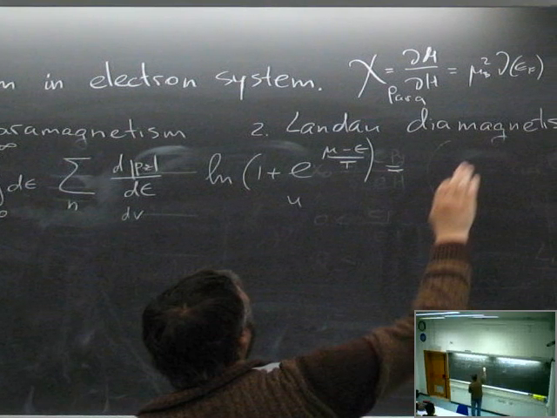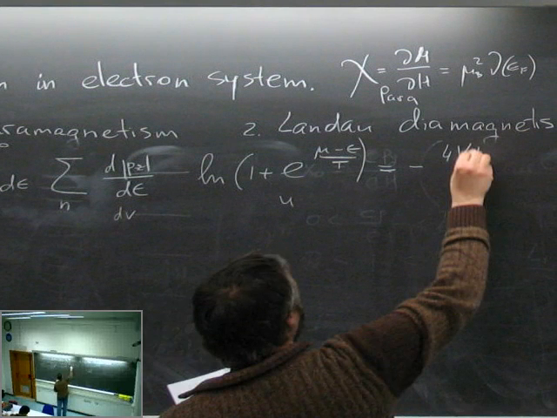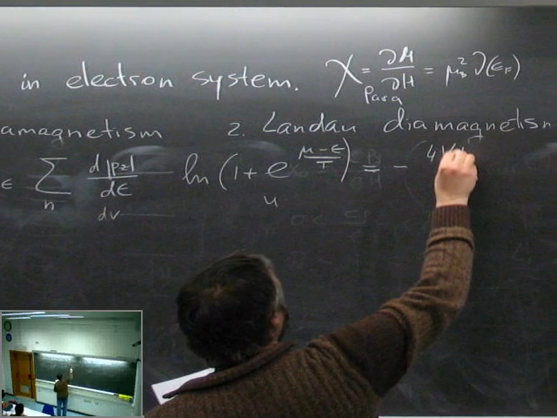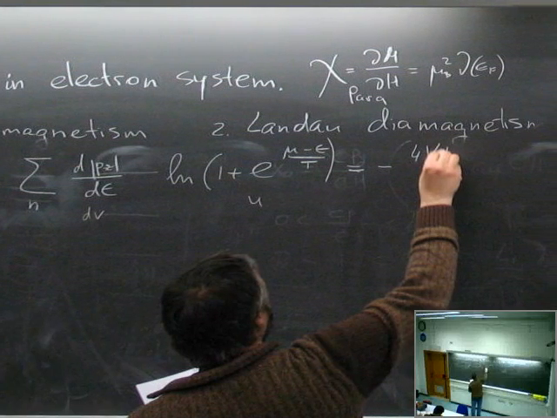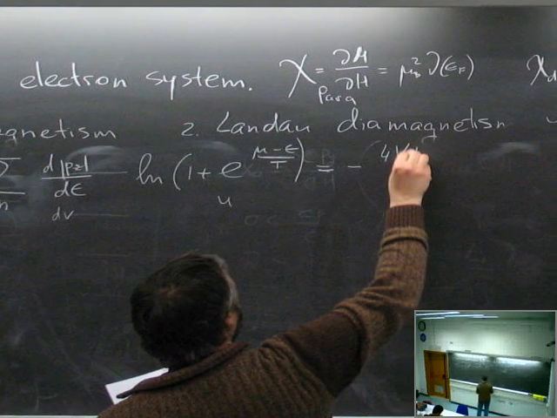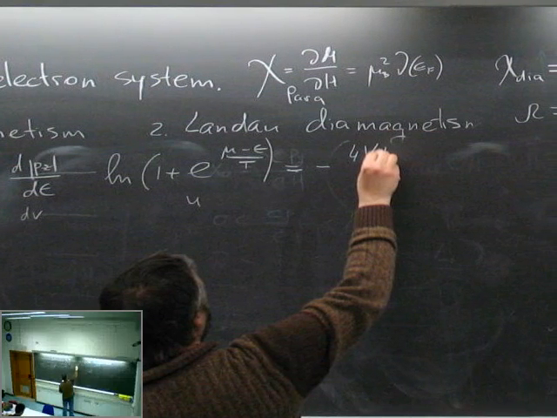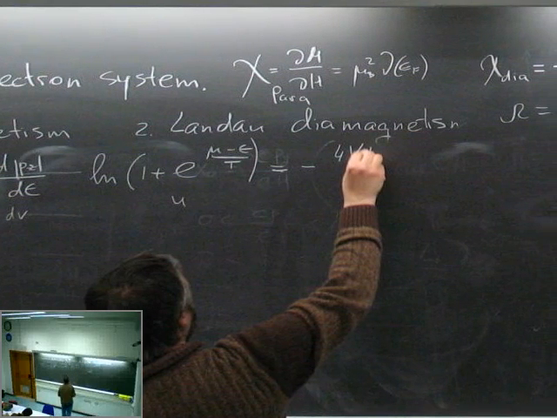So this is minus 4dt over 2 pi squared h squared, and here I have to put a bracket.